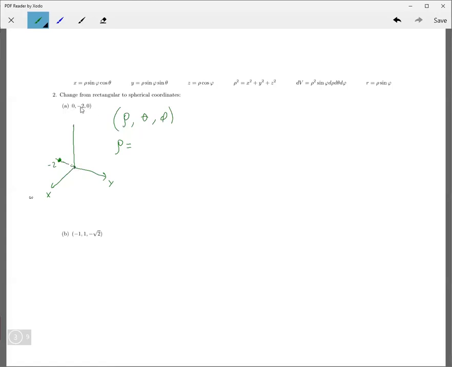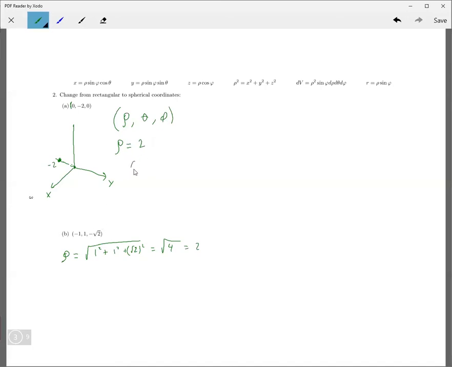I didn't put the parentheses, I think it's probably confusing because I didn't put the parentheses there. Okay, sorry, there we go. It's just going to be 2 because the distance from that point to the origin is 2. So over here, rho is just going to be the square root of the sum of all of these squared, right? Which is the square root of 4, which is 2. So here rho is going to be 2 for this one.